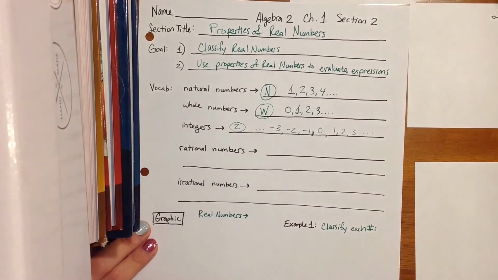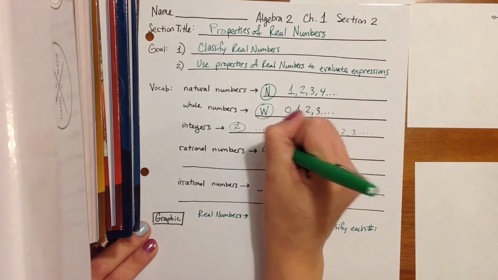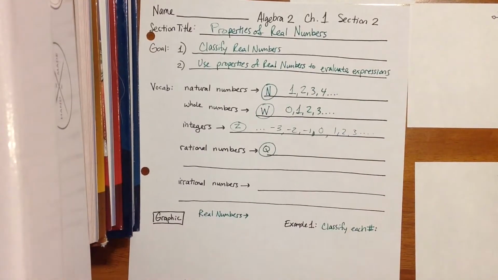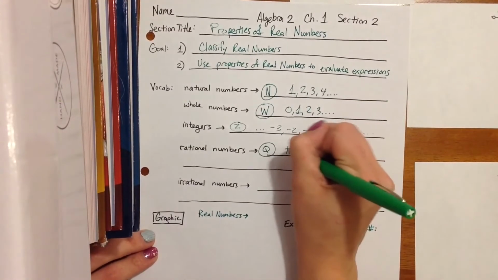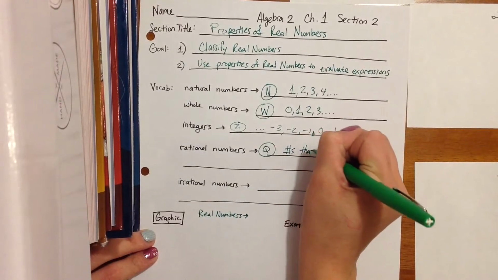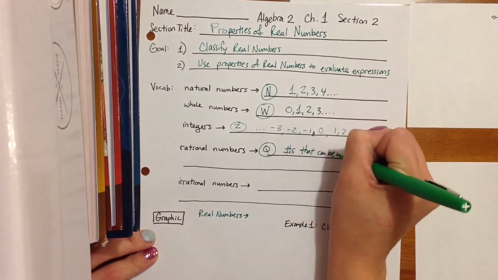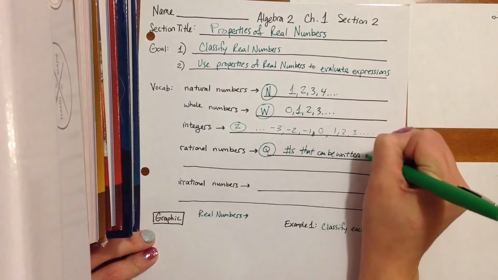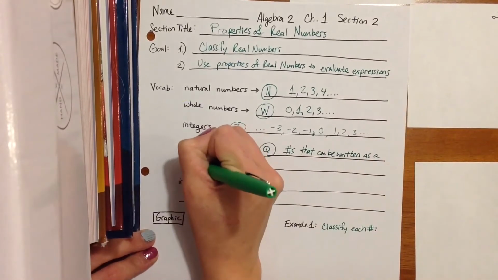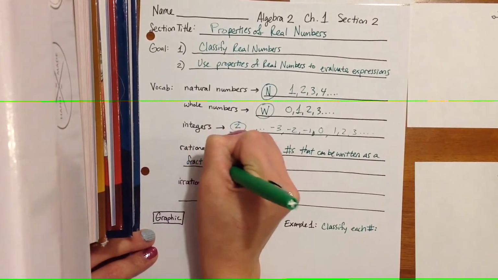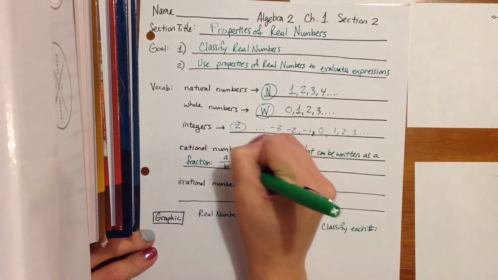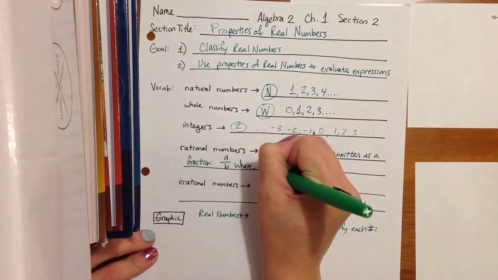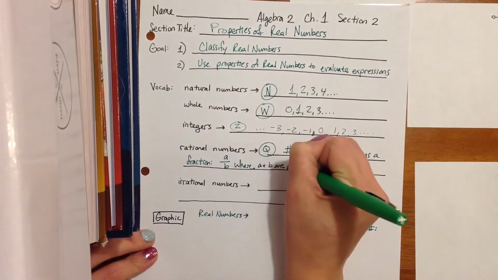Rational numbers. We represent these with a Q, and the reason is rational numbers have to do with division, fractions, quotients. Therefore, we start that word with a Q. These are numbers that can be written as a fraction. Specifically, A over B, where A and B are integers.